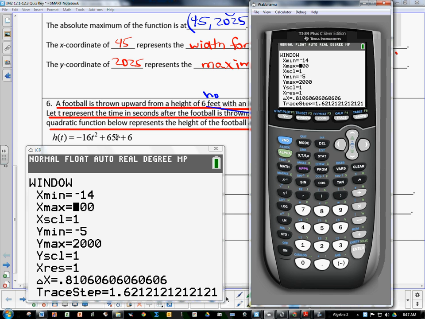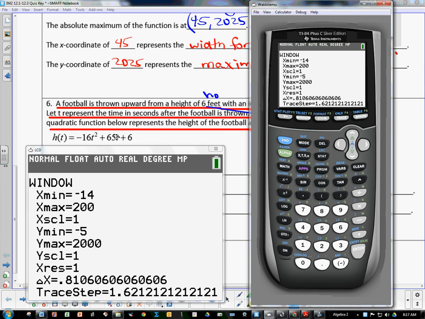Time in seconds. Have you ever thrown a ball and had it hang in the air for like 200 seconds? Yes. You have, Mark? Fantastic. Sign you up. And how about the height? Now, are you going to throw a football a height of 500 yards? Probably not. So let's be realistic in our window here.